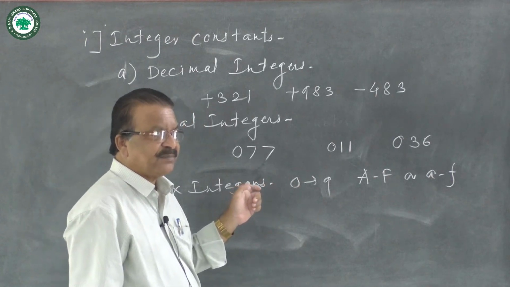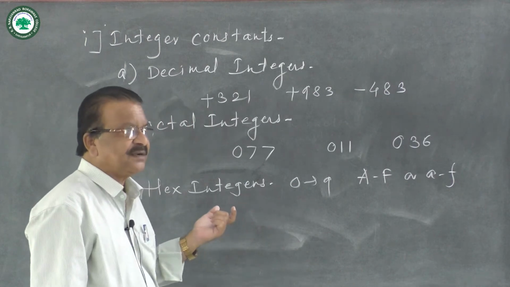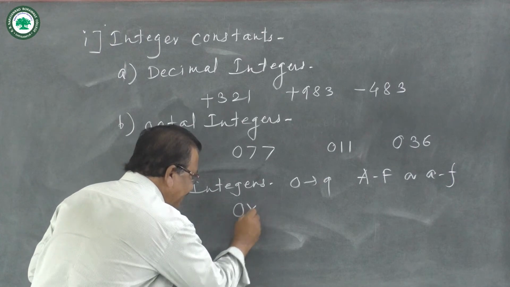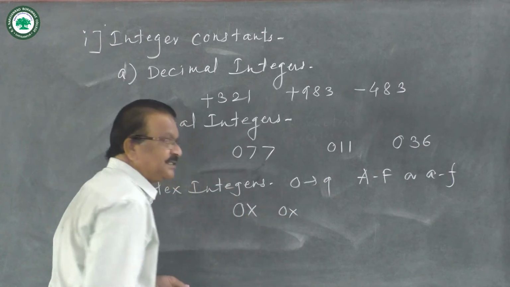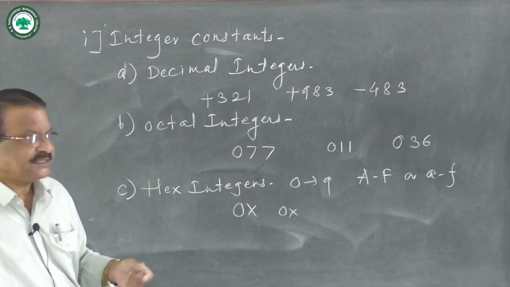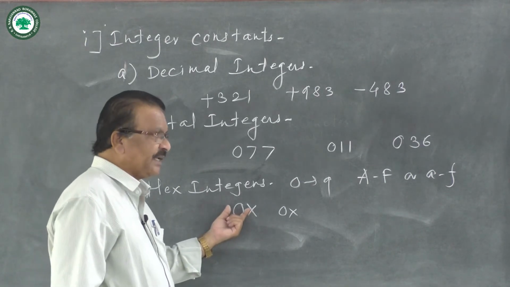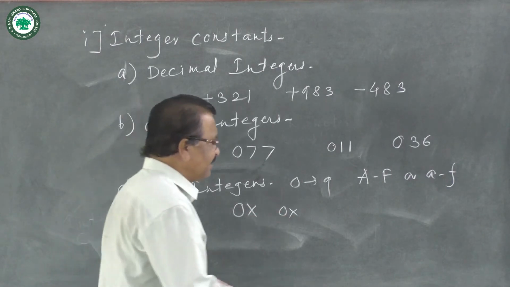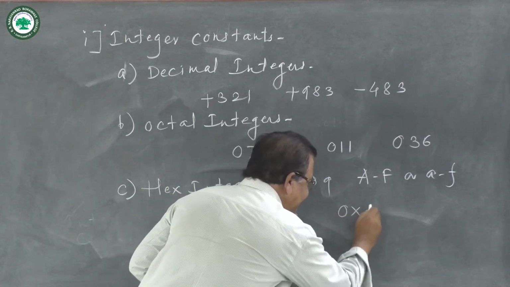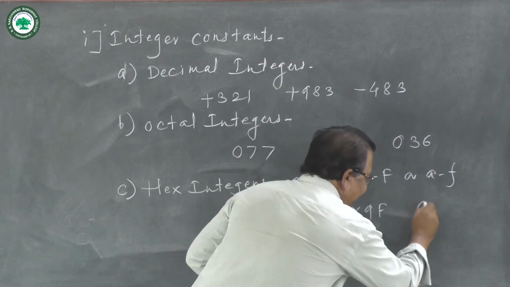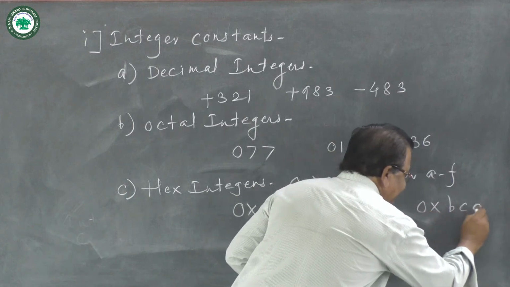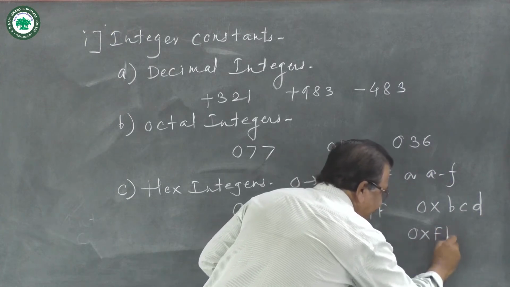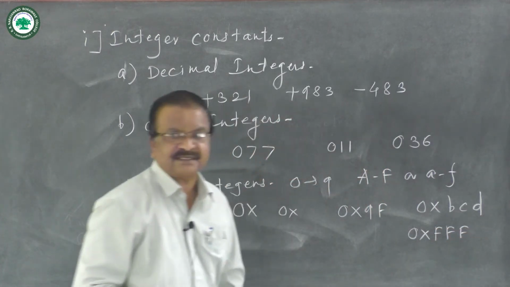They constitute a total of 16 numbers. Therefore, these are base 16 numbers. They are preceded by either uppercase 0X or lowercase 0x, which stands for hex numbers. The valid hex numbers are 0X9F, 0XBCD, and so on. The largest 3-digit hex number is 0XFFF.